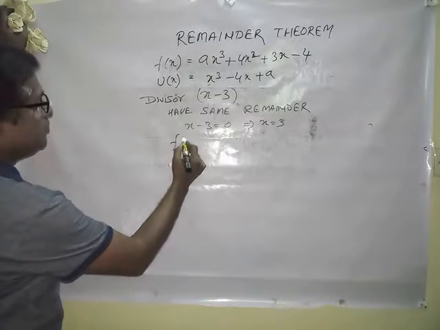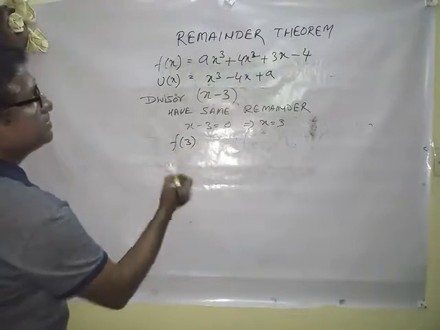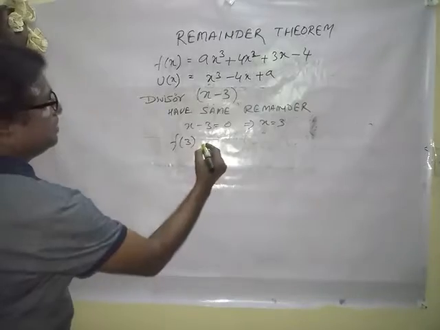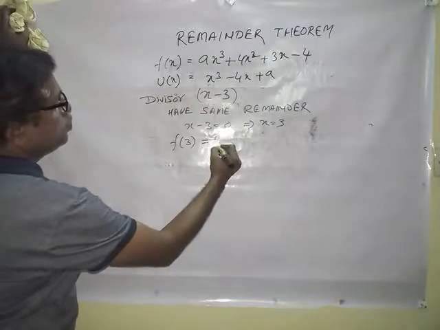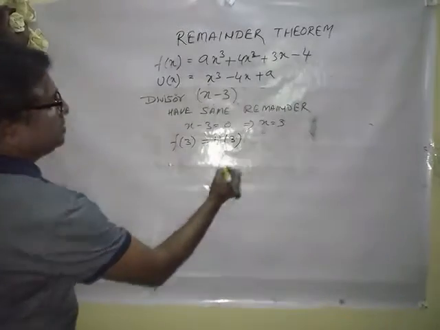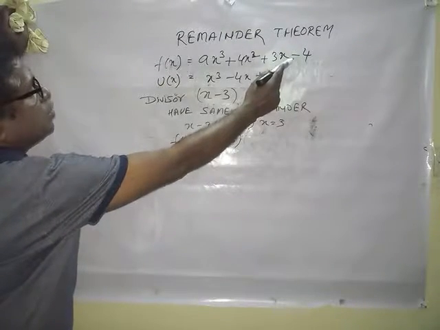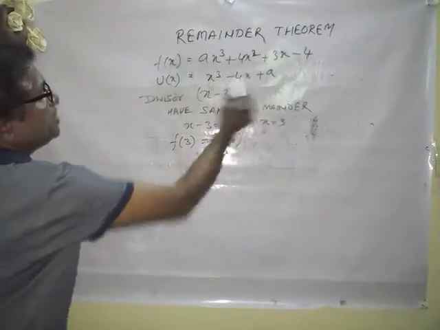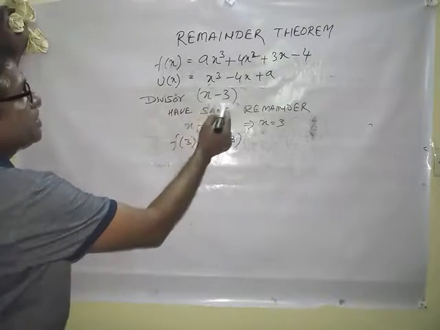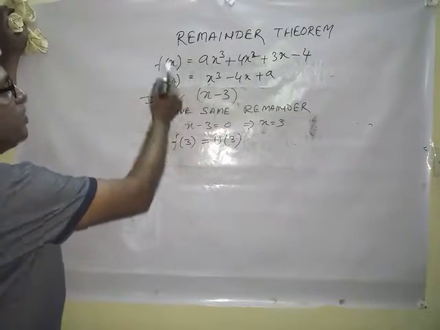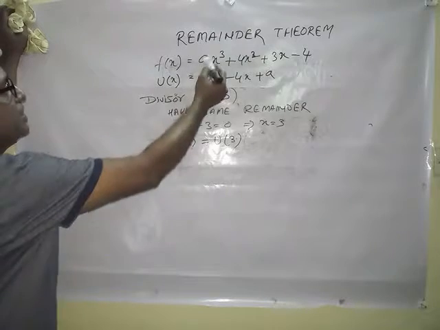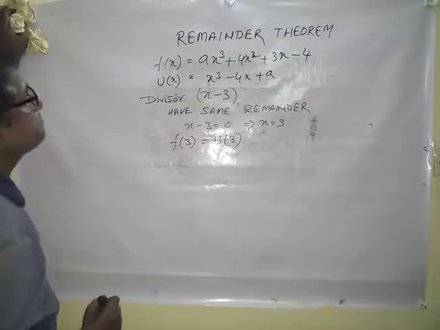Means f(3) = u(3). If you place 3, then whatever value comes here will be the same value coming there, because as per the remainder theorem, you place the value of x and you get the remainder, and they are saying both the remainders are the same.